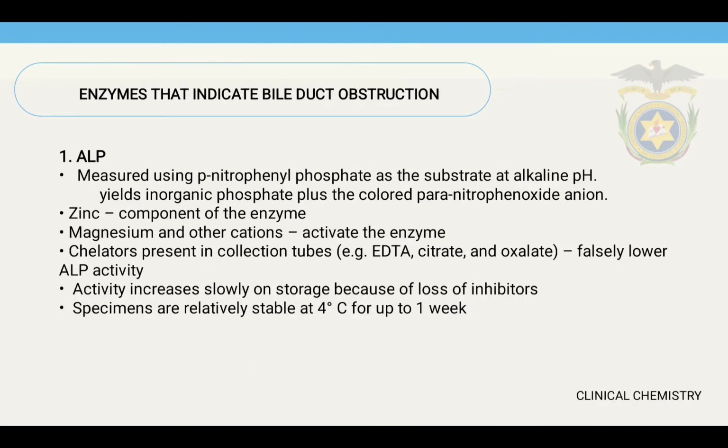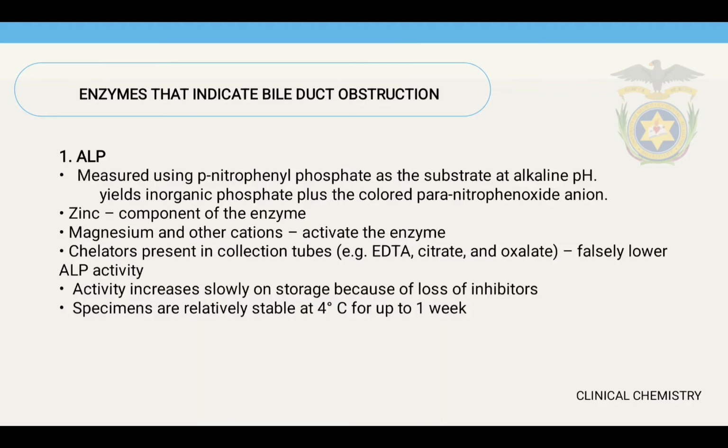Your ALP is measured using p-nitrophenyl phosphate as a substrate at an alkaline pH, yielding inorganic phosphate plus the colored paranitrophenol anion. You have zinc, which is a component of the enzyme, and you have magnesium and other cations as activators. Take note of specific anticoagulants present in collection tubes, such as EDTA, citrate, and oxalate, as these may falsely lower your ALP activity.